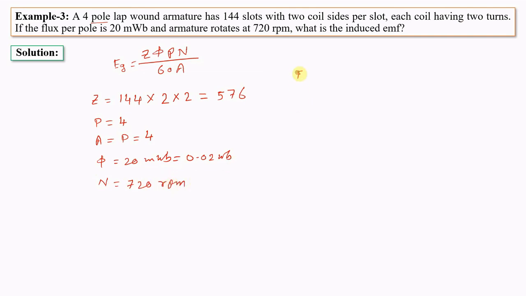So now the generated EMF can be calculated as Z, that is 576, into flux per pole, that is 0.02, into the number of poles and speed 720 upon 60 into A, where A is the number of parallel paths, and in the case of lap connection it will be equal to 4.